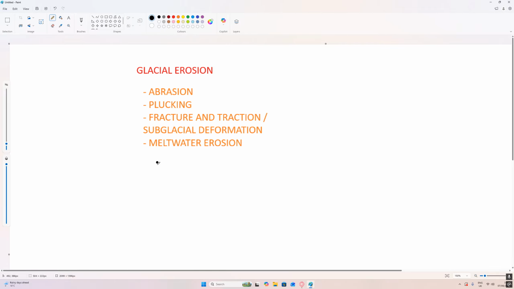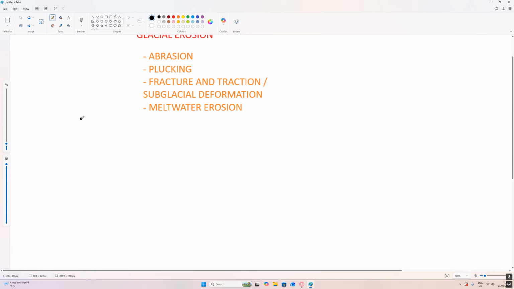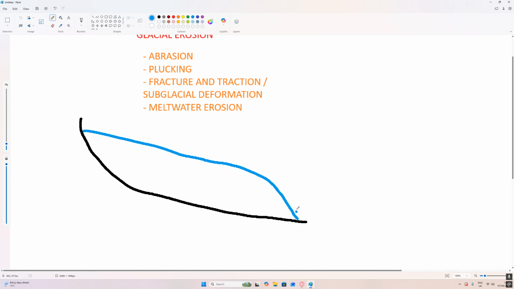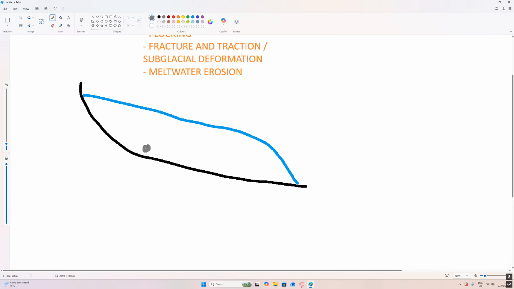Starting with abrasion. Abrasion is super simple, right? You have your glacier traveling along a surface. So let's get a blue glacier in, and down at the bottom of the glacier, subglacially, you have rocks.